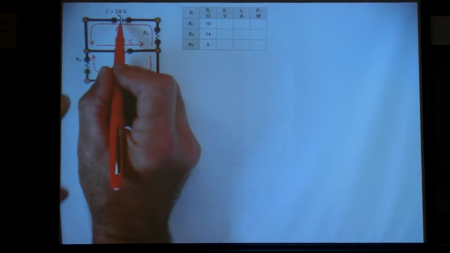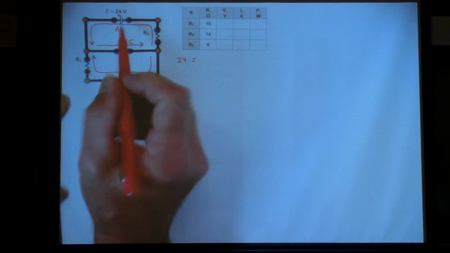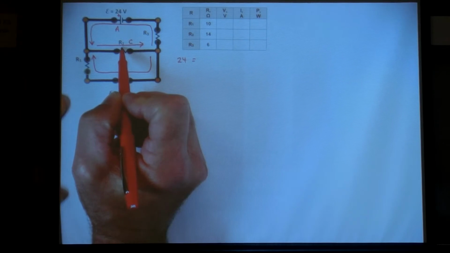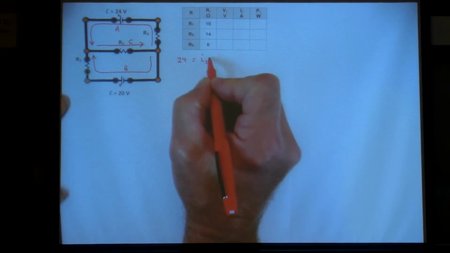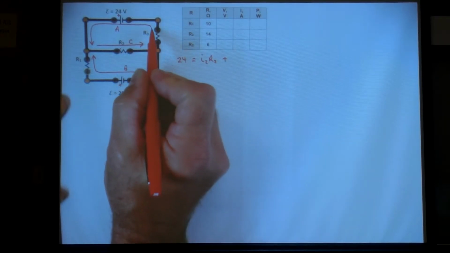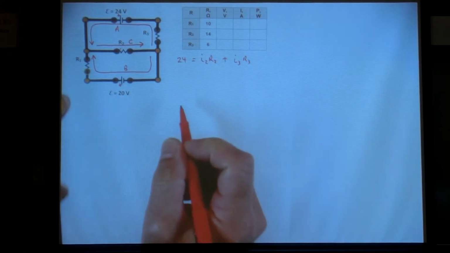So if we start out at our battery, our 24 volts will equal the voltage across resistor 2, which is the current through resistor 2 times R2, so that's I2 R2, plus we'll go through resistor 3, and that's I3 R3.